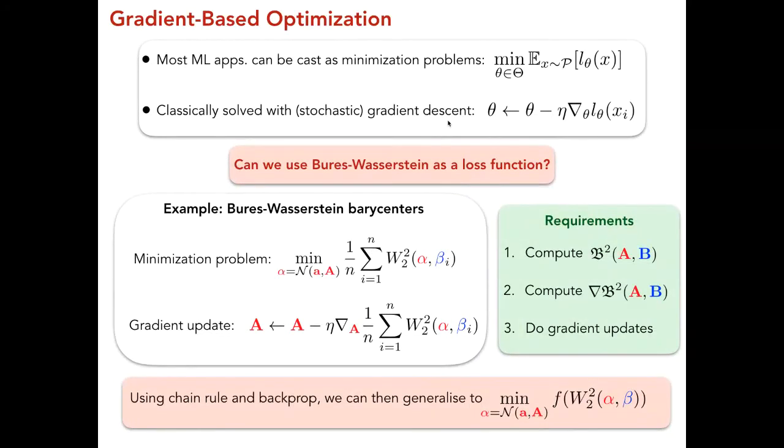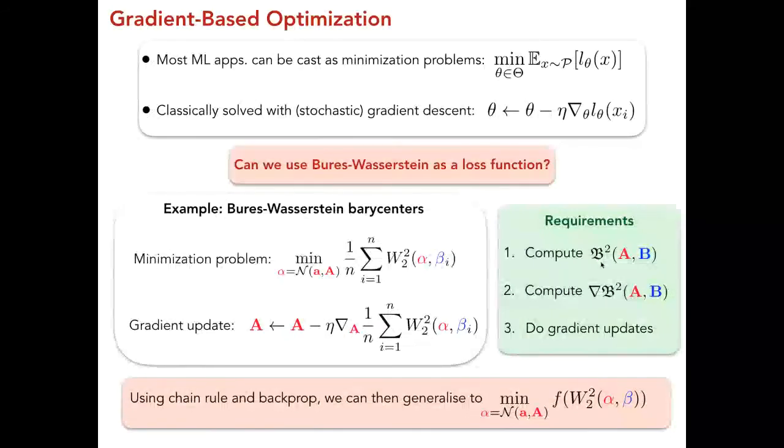So for example, let's say I want to solve this minimization problem, which is just a barycenter problem in the Bures-Wasserstein distance. What I need to be able to solve this problem using gradient descent is, first, I need to be able to compute the Bures distance between my parameters.